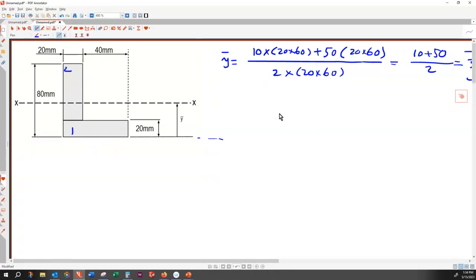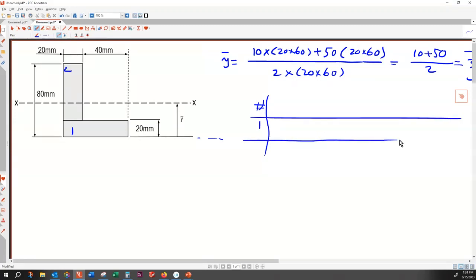And for this, I'm making a table. In this table, I write the segment number. There are two segments here, segment 1, segment 2. And here I have the area of the segment.